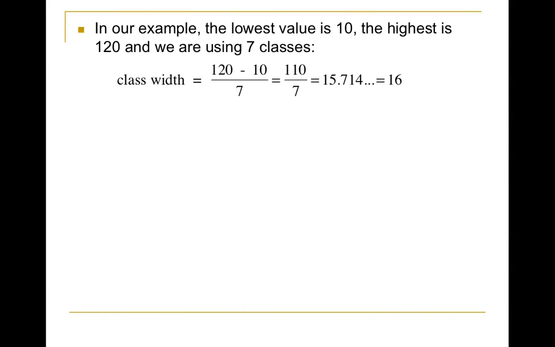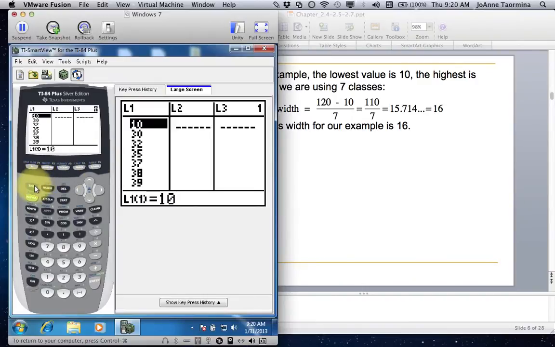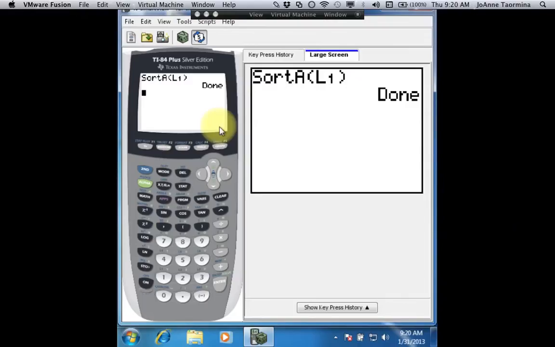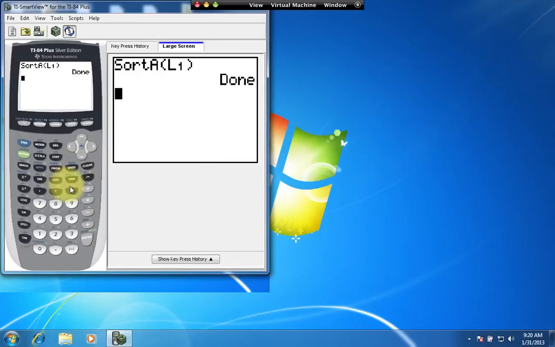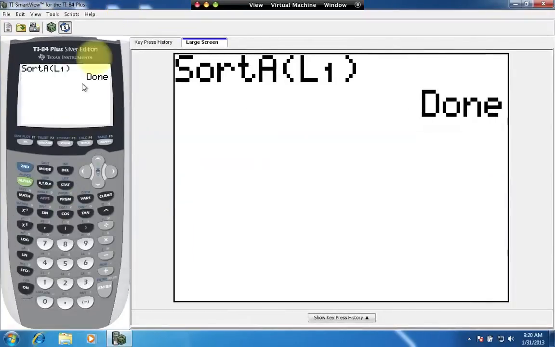Now remember, if you choose to do this all in one step in the calculator, you have to wrap the numerator in parentheses. Okay, so I could show you on your calculator. If you wanted to do 120 minus 10 divided by 7, put the numerator in parentheses.